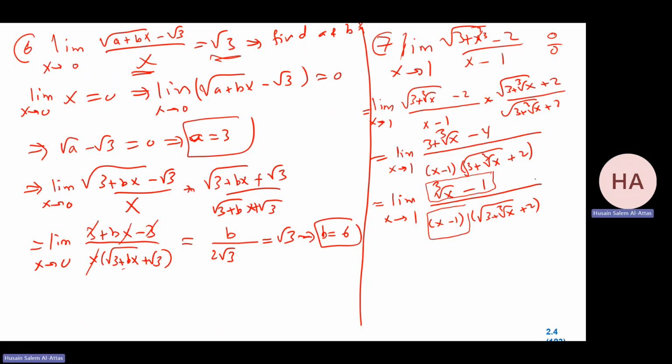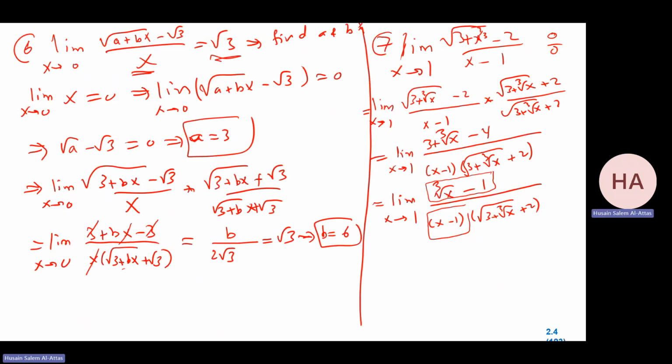You cannot multiply by cube root of x plus 1, this is wrong. It will not kill it. To kill it, you know that x cubed minus y cubed needs x minus y, x squared plus xy plus y squared.